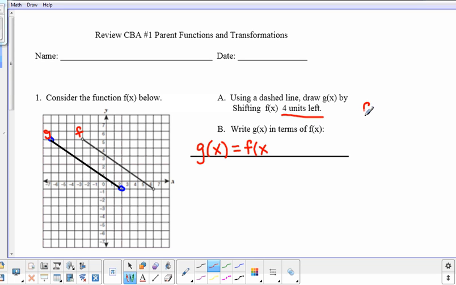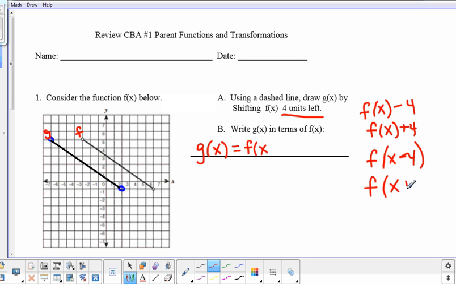Is it f of x minus 4 on the outside? Is it f of x plus 4 on the outside? Is it f of x minus 4 on the inside? Or is it f of x plus 4 on the inside?